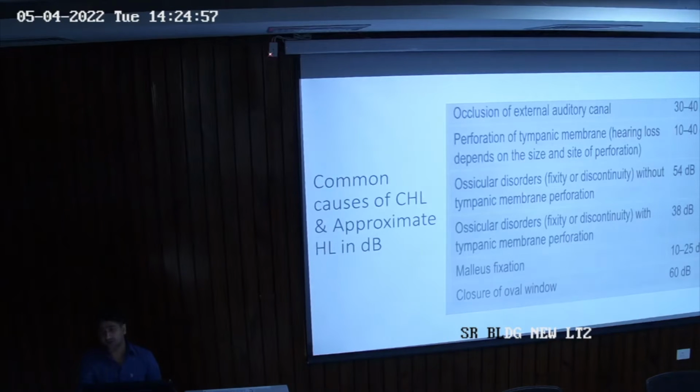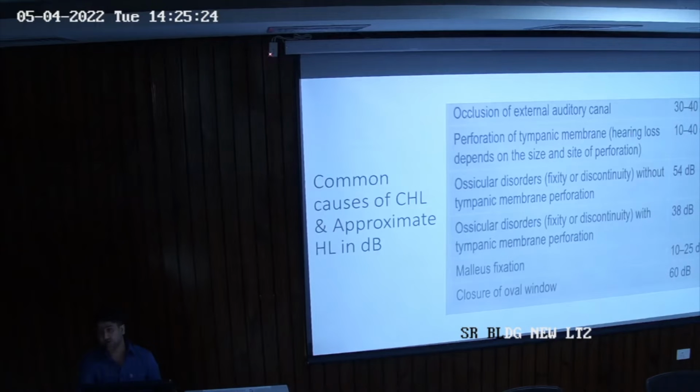Ossicular disorders, we have 3 ossicles, you are well aware: malleus, incus, stapes. The joint can be fixed, or there can be joint discontinuity, and it can be present with tympanic membrane perforation or without it.